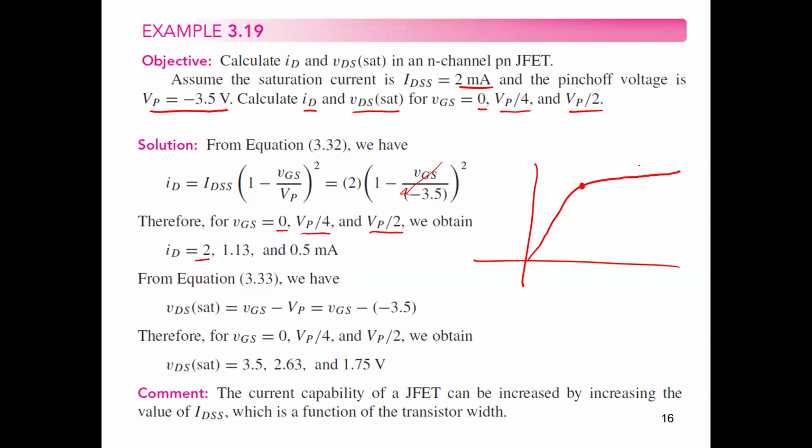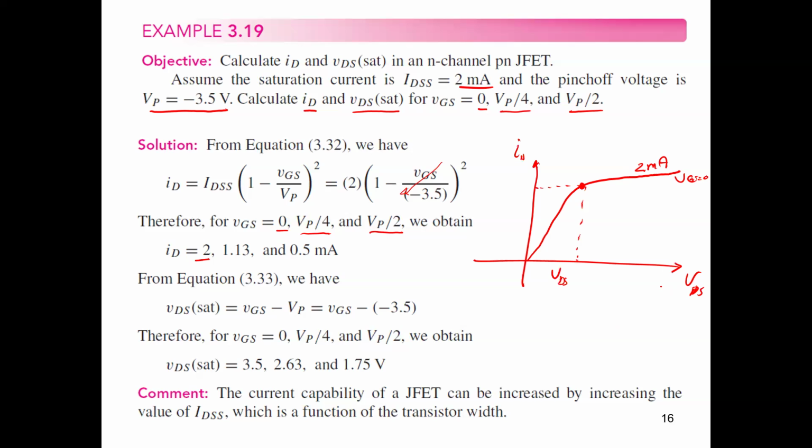If the saturation current is 2 milliampere at VGS equals 0, this is the drain to source saturation, the point of transition from linear to saturation region. So the drain current is 2 milliampere. This is ID, and this is VDS.